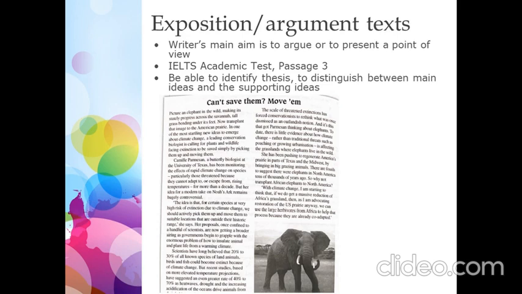Unlike supporting ideas, are usually mentioned only once, and maybe it might be supported by an example, or just omitted, just given the idea itself without any example, and it's usually not repeated. So by identifying main ideas and supporting ideas, it will really help you to answer the questions, especially the one that you need to identify the writer's opinions and views in the type of yes, no, not given type of the task.